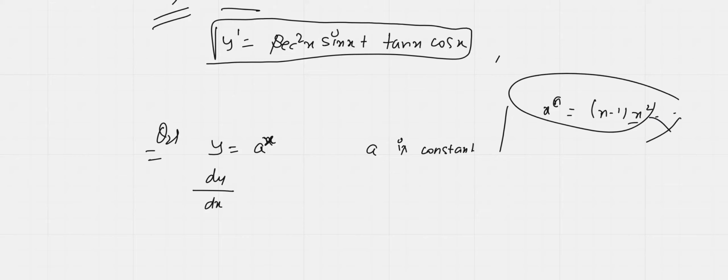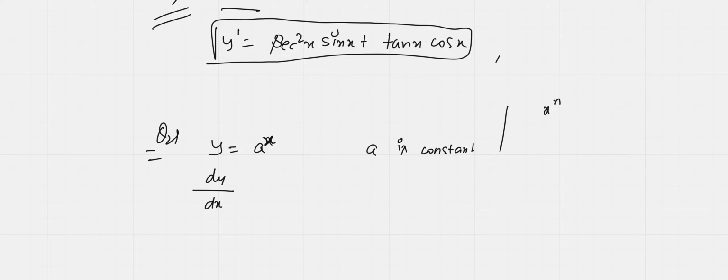Before this, I'll just give you another formula, that is differentiation of something in log. What we can do here is put this equal to y, and I will take log on both sides. So it will become log of y is equal to log of a to the power x.